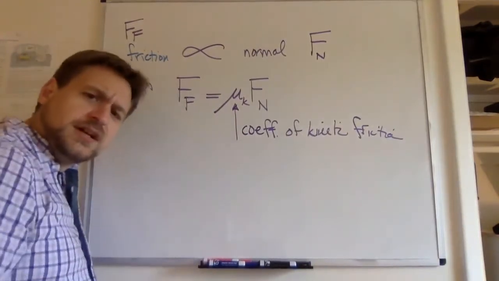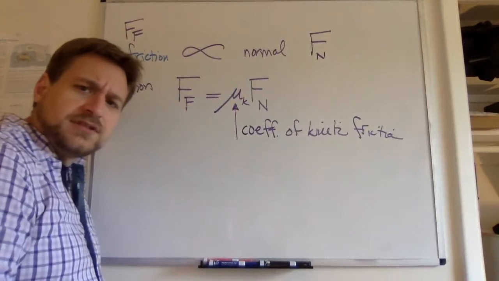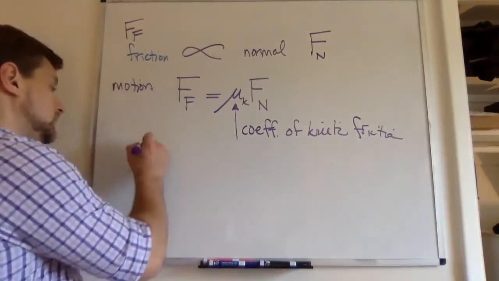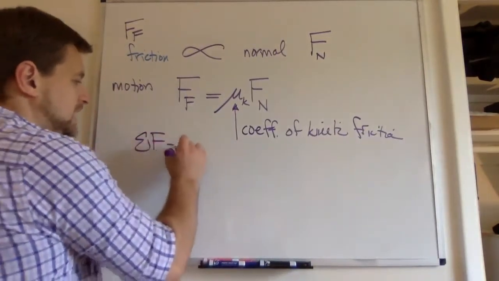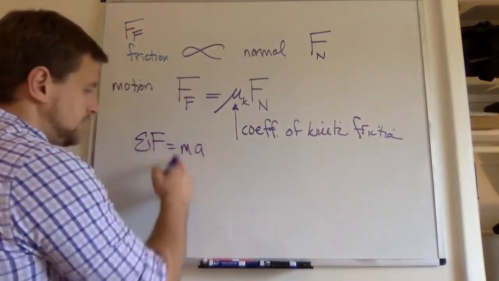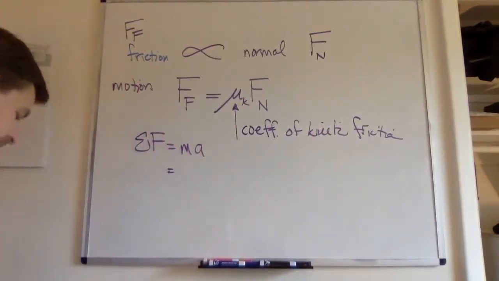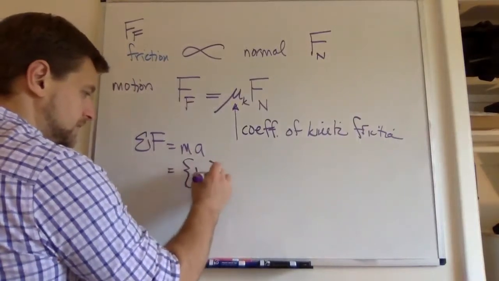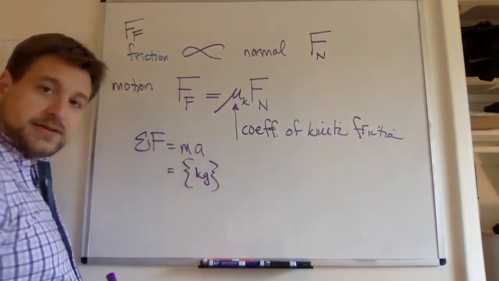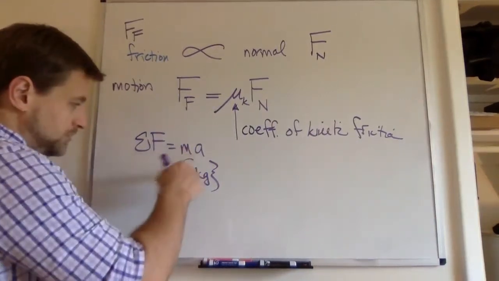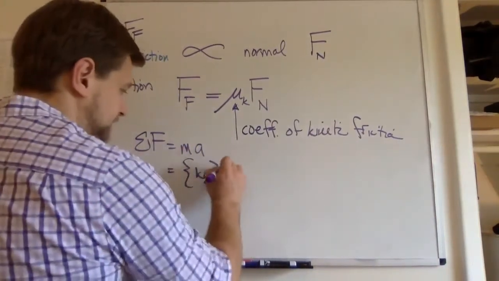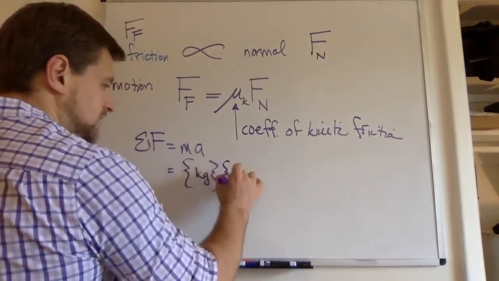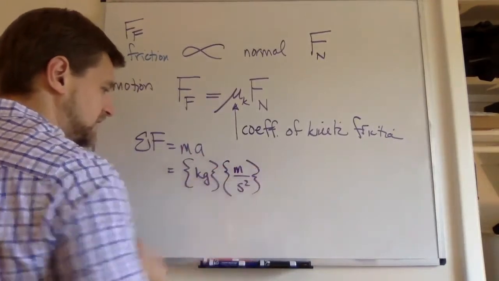Speaking of dimensions, what unit are we going to use to talk about force? Well, force equals mass times acceleration. Mass has the unit of kilograms. Anytime I want to talk about units on their own and do algebra with them, I'll put them in curly braces like this. Acceleration has the unit meters per second squared.